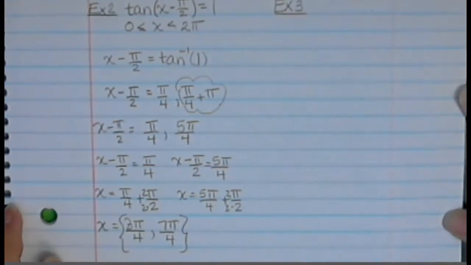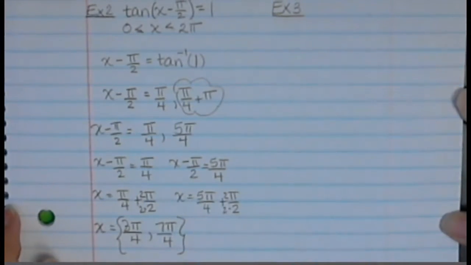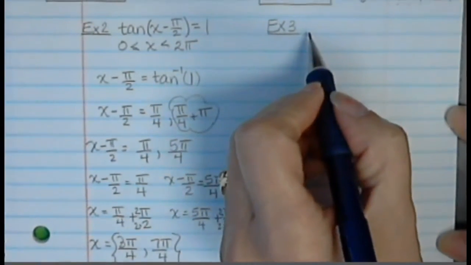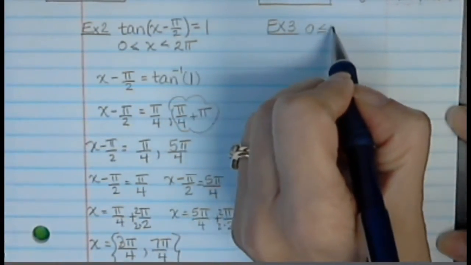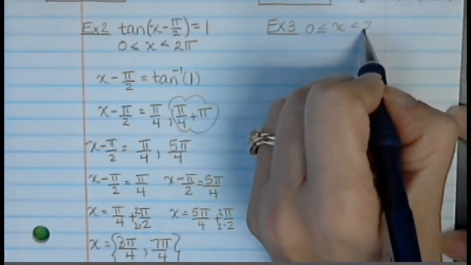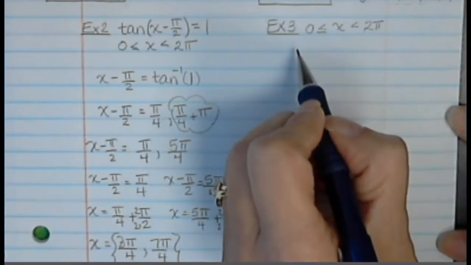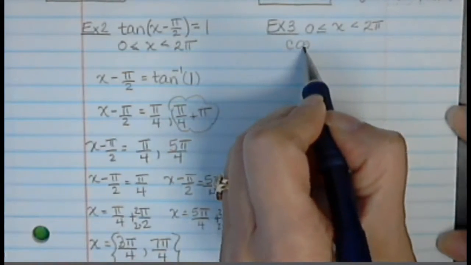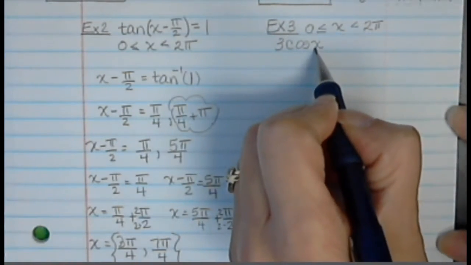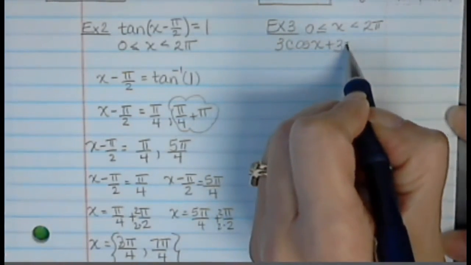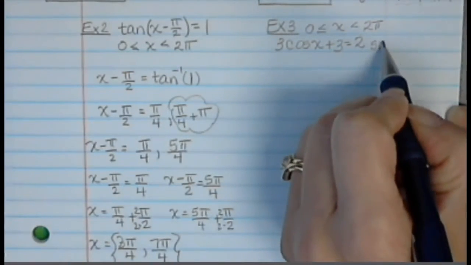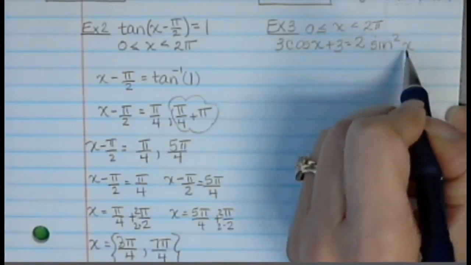For example number 3, let's find values of x between 0 and 2 pi for the equation 3 cosine of x plus 3 is equal to 2 sine squared of x.